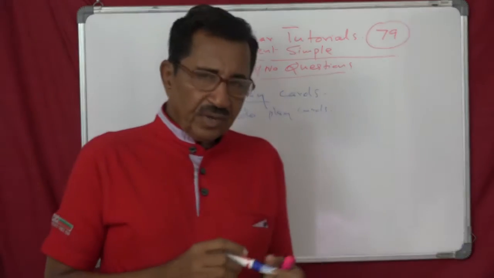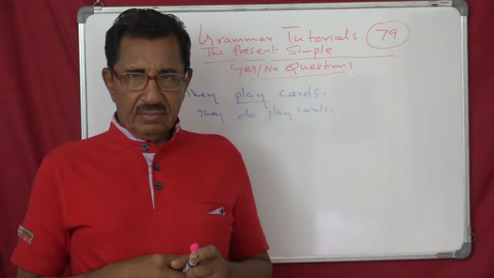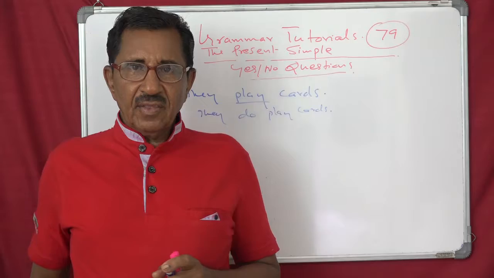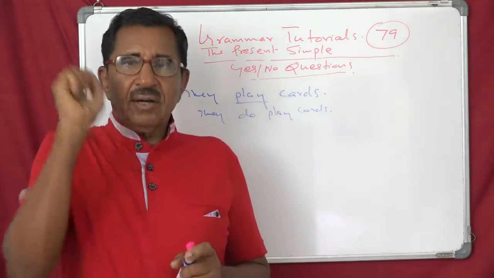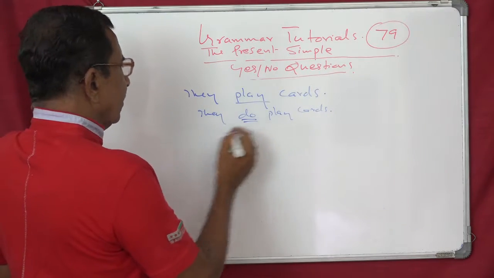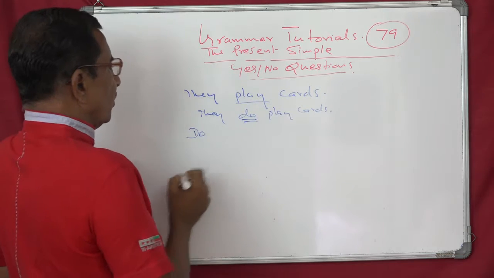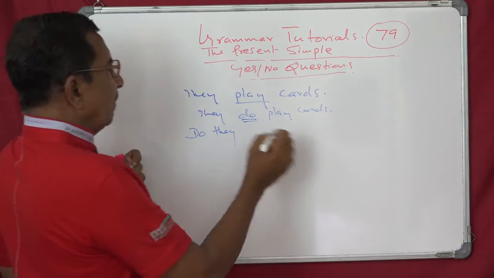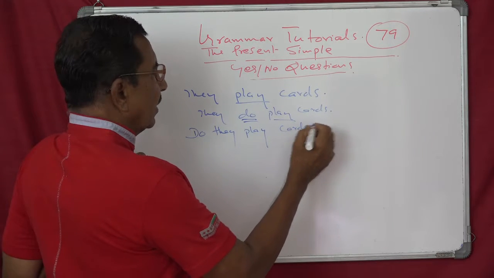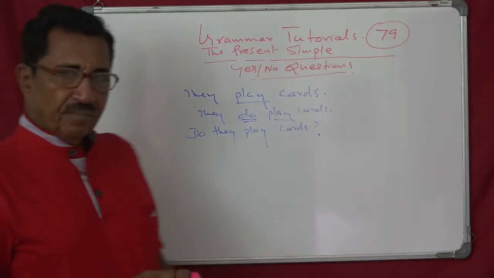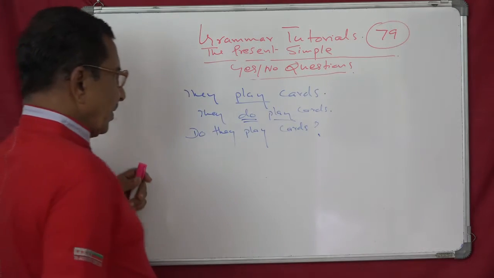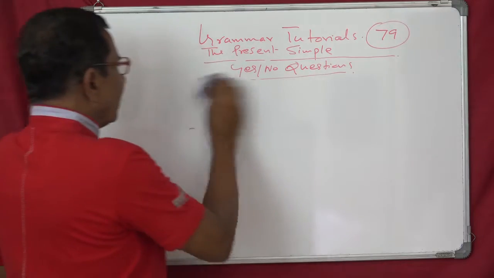If the verb phrase has 2 or more words in it, you shift only the first one. So here you have got 2, do play. So shift only the first one, do. Then the NP, remaining part of the VP, and cards. Do they play cards? Clear? Is that clear now? Okay. So one more example we will do. Not really one more, maybe any number of examples we can see.